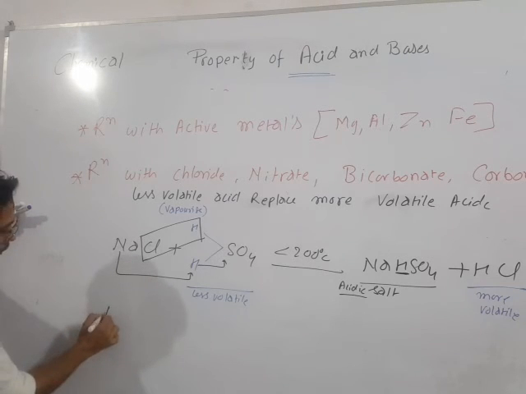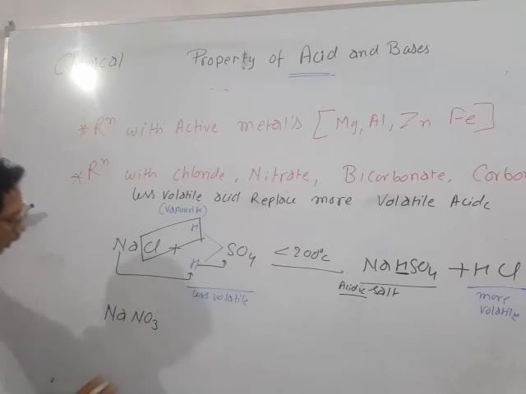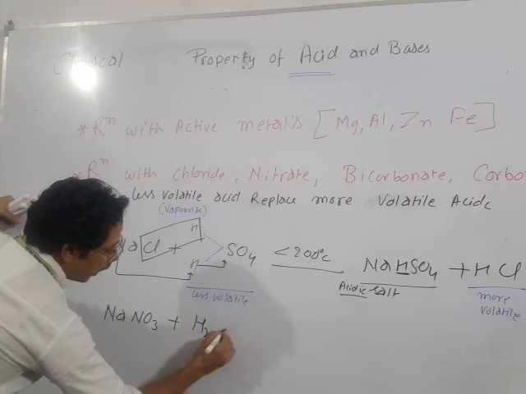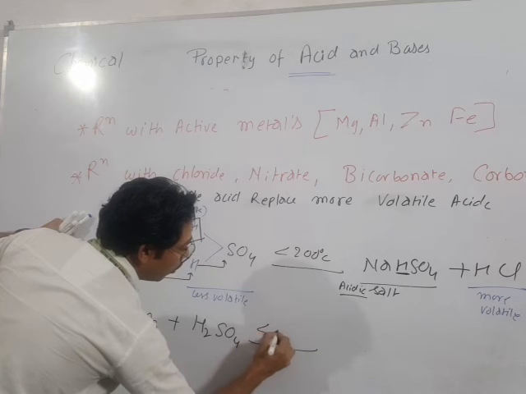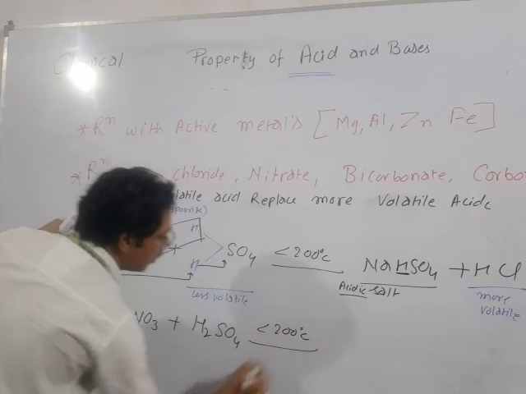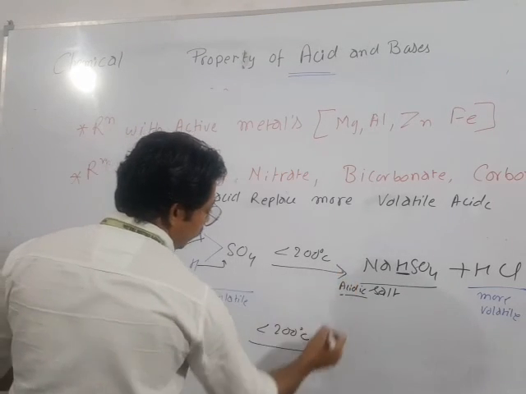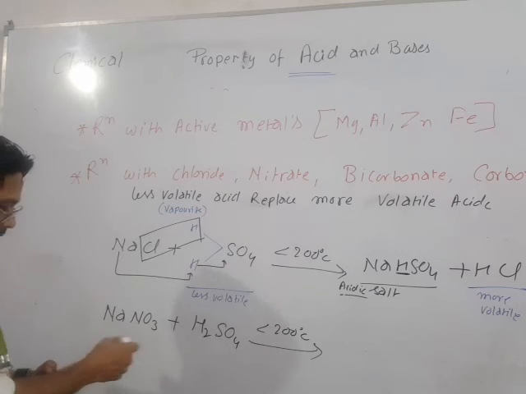Okay. Now another example, you have sodium nitrate that reacts with H2SO4 below 200 degrees Celsius. Now tell me, what is formed? What is the product? Very good. Don't laugh. Okay.